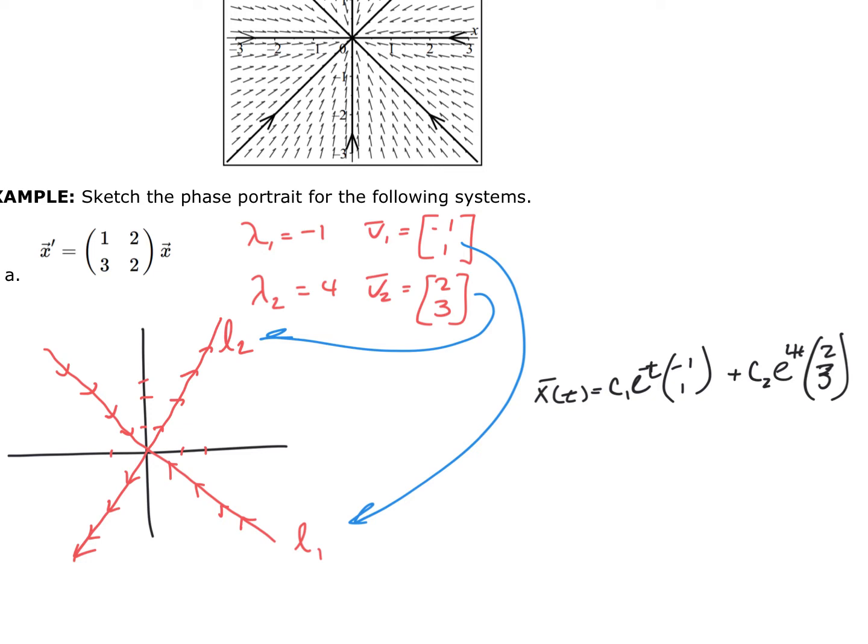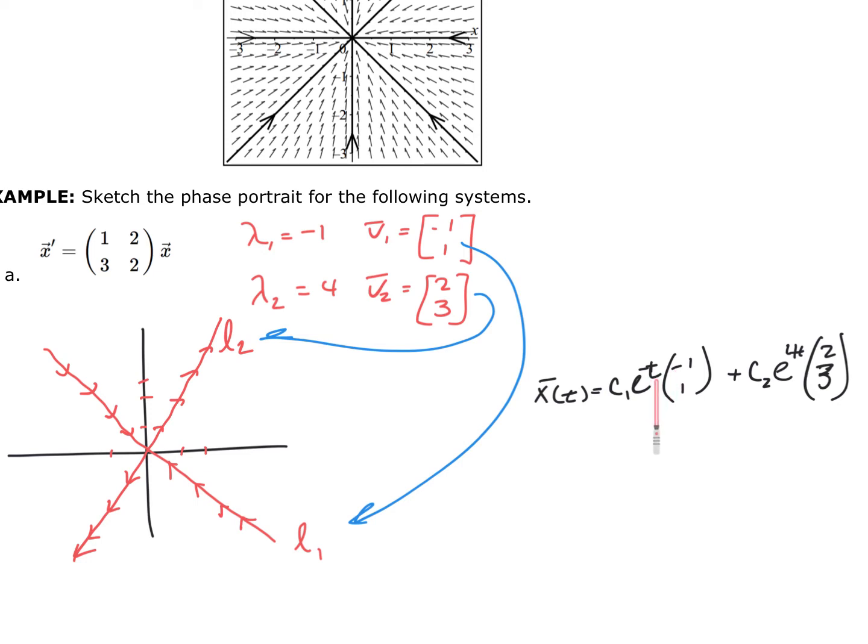Now let's talk about what I expect to happen. As t gets larger, e raised to the 4t is going to dominate more than e to the negative t. I'm going to ignore the vectors. I know that e to the 4t is going to dominate e to the negative t.